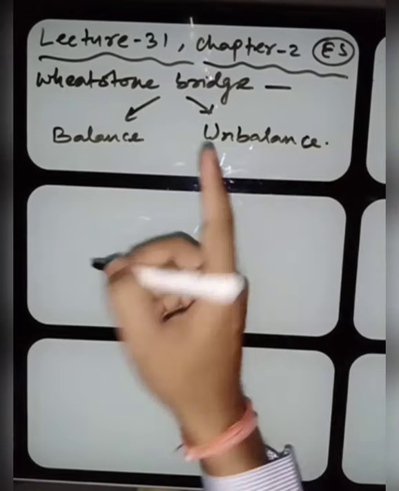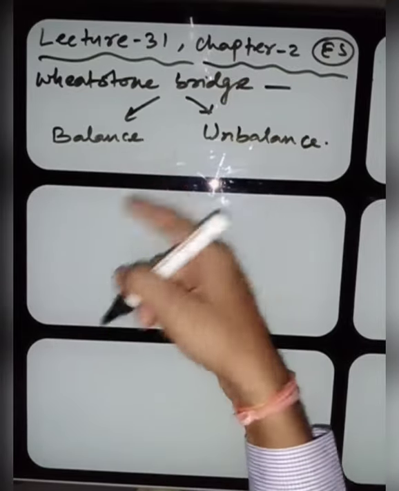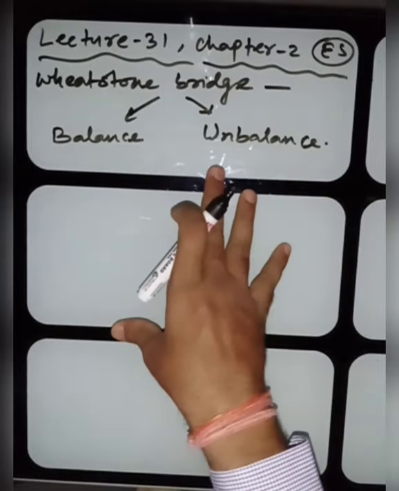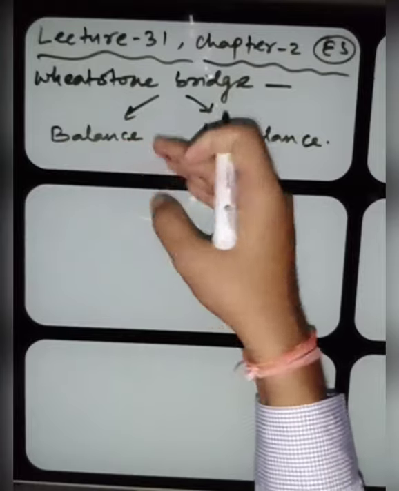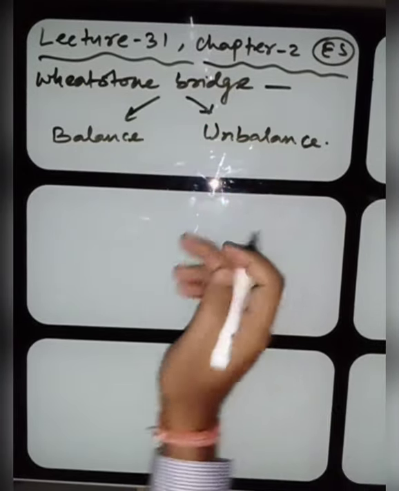Remember, this is an electronic circuit. It has nothing to do with mechanics. My dear student, this particular topic we will study in detail in the next chapter, that is electric current, but here I am explaining the concept.